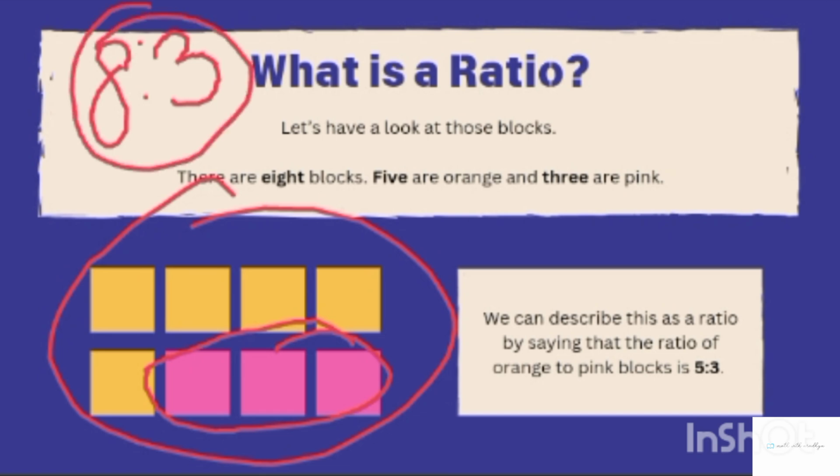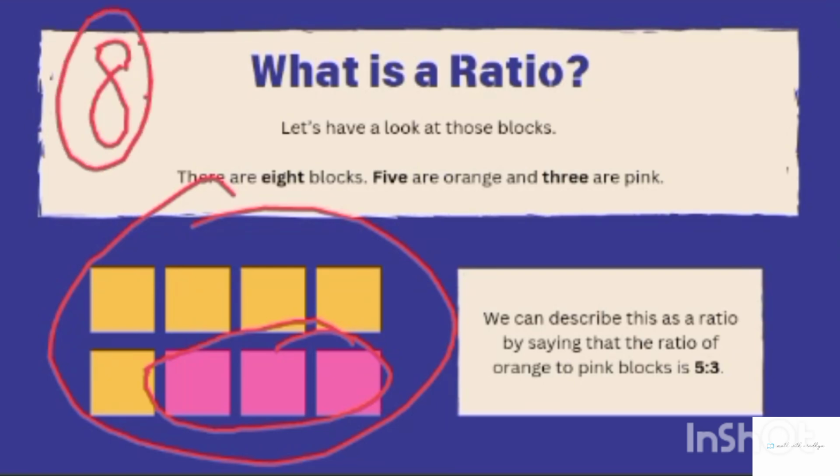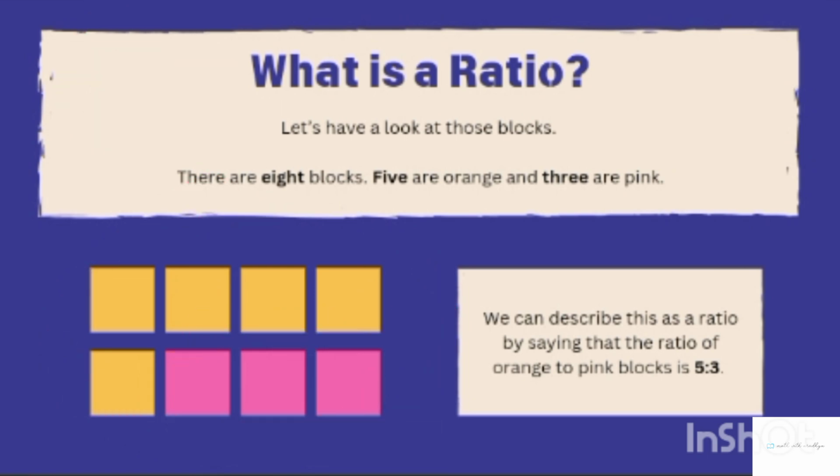So this will be 8:3. But if they ask for the total number of boxes to the orange boxes, the total is 8 and the number of orange is 5, so it will be 8:5.